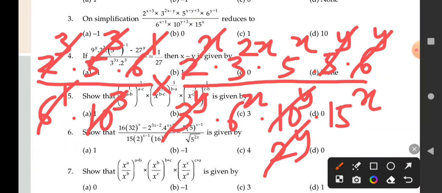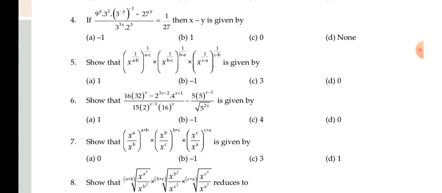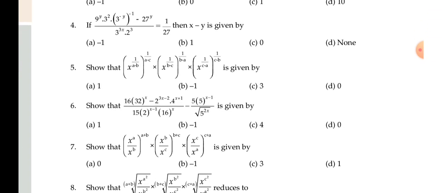Again, 2 power x and 3 power x and 6 power x gets cancelled, and 3 power x and 5 power x and 15 power x gets cancelled, so equals to 1. Option number C. I hope you understood this. Question number 4.